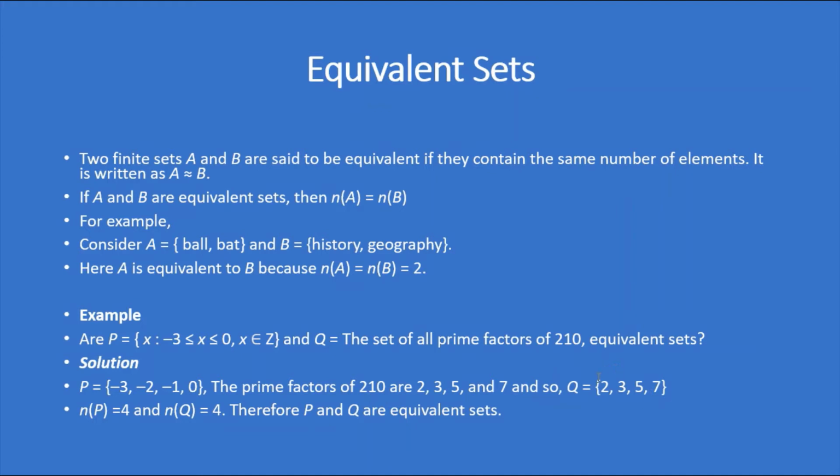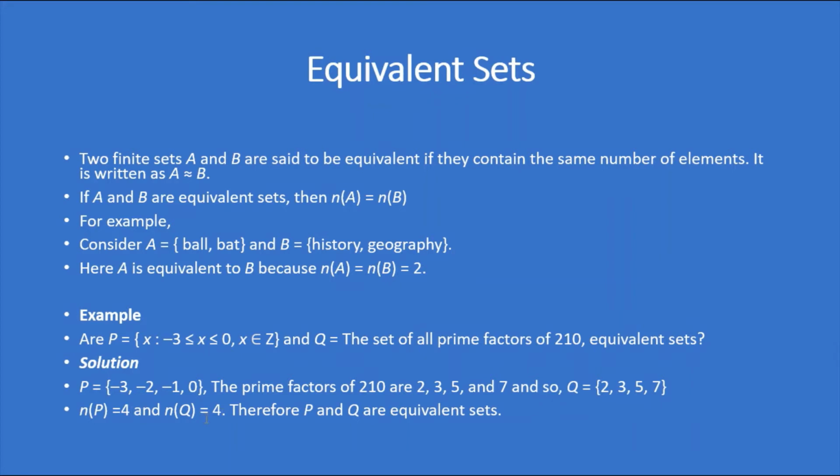Here n of Q is equal to 4. Again, if you see P, the elements are -3, -2, -1 and 0. Here also n of P is equal to 4.